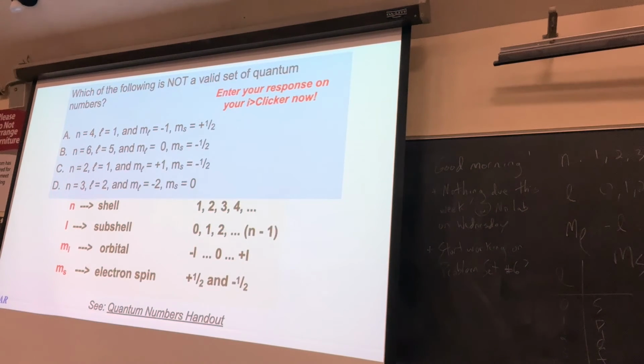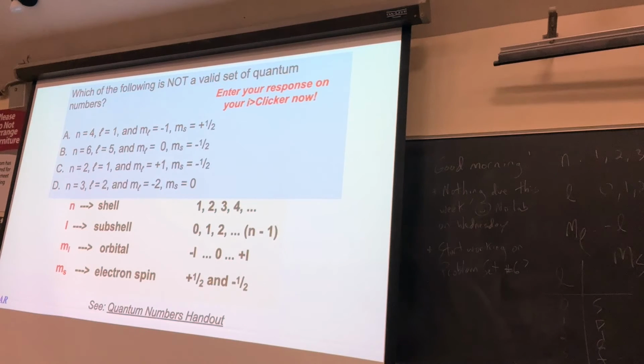It has to be 1 or larger. These are all whole numbers. They're not 0 or negative. L can be no bigger than n minus 1, and it has to be 0 or higher. So for L equals 1 and n equals 4, L could go up to 3, up to n minus 1. So that's legit.